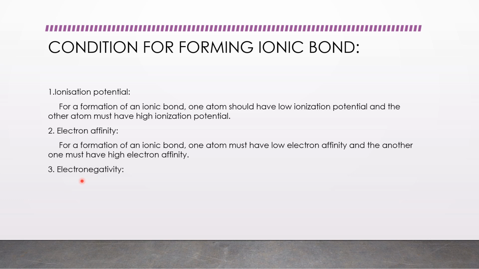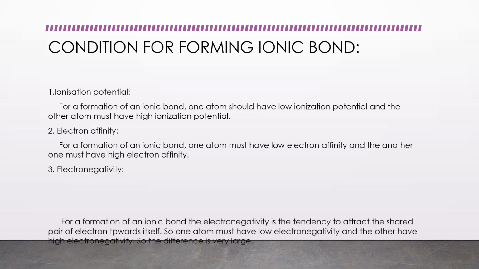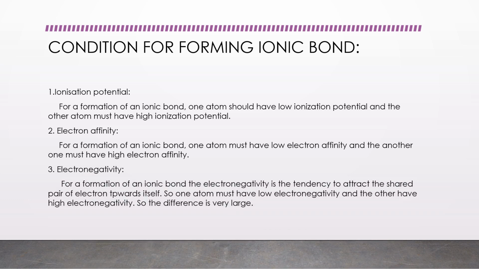Electronegativity means the tendency to attract the shared pair of electrons towards itself. That is the definition. In this too, one atom must have a low electronegativity value and the other one a high electronegativity value, so the difference is very large. Only in this condition will the ionic bond be formed.